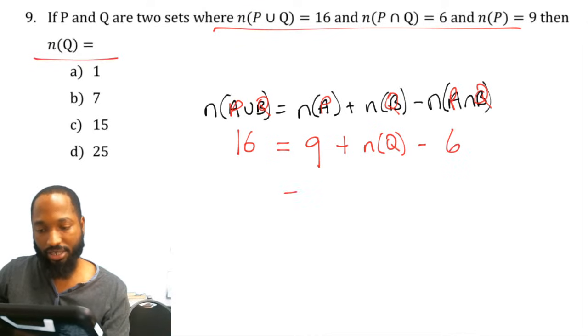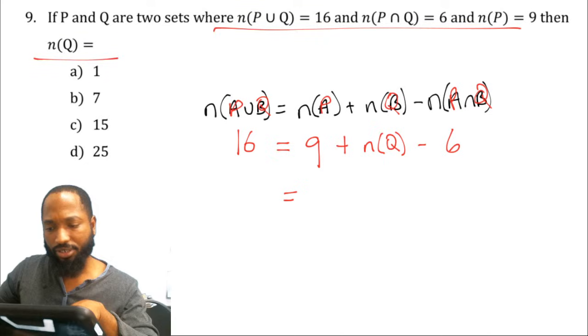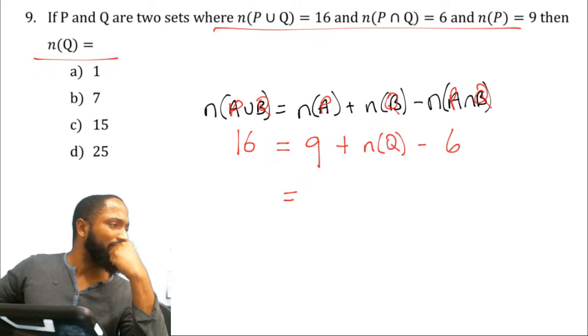So the number of elements in Q is 9 minus 6, 3, 13. We're getting 13 now.